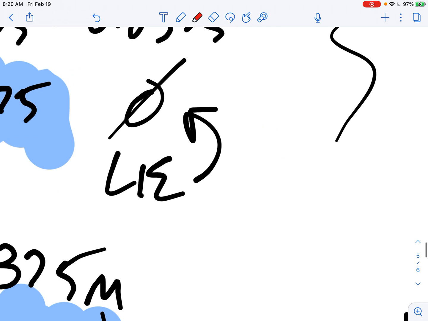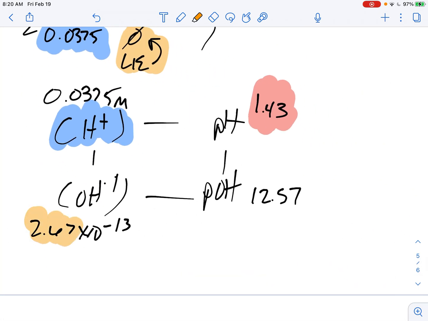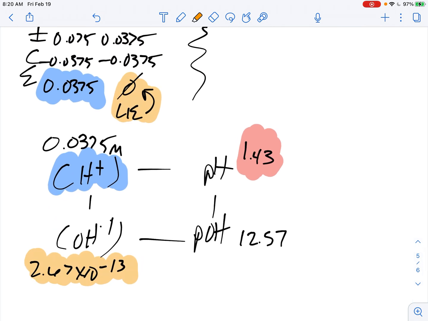So again, that 0 there is really a lie. That 0 there that I'll put in orange is not really 0. It's just a ridiculously small number, 2.67 times 10 to the negative 13th, according to our equilibrium expression for the hydroxide that's there.